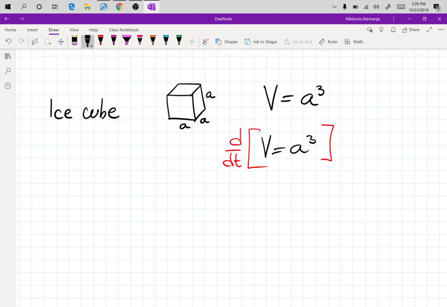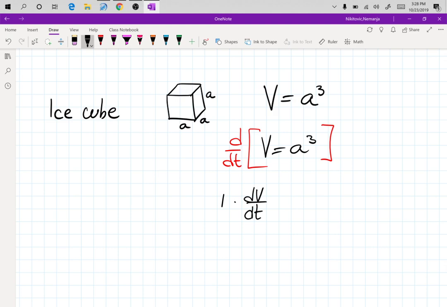So when I take the derivative of V, I will get 1 multiplied by dV/dt, which is the chain rule part, the same as dy/dx. On the other side of the equation, we have 3a squared times dA/dt. We don't really need this 1 times, so I'm just going to get rid of it.